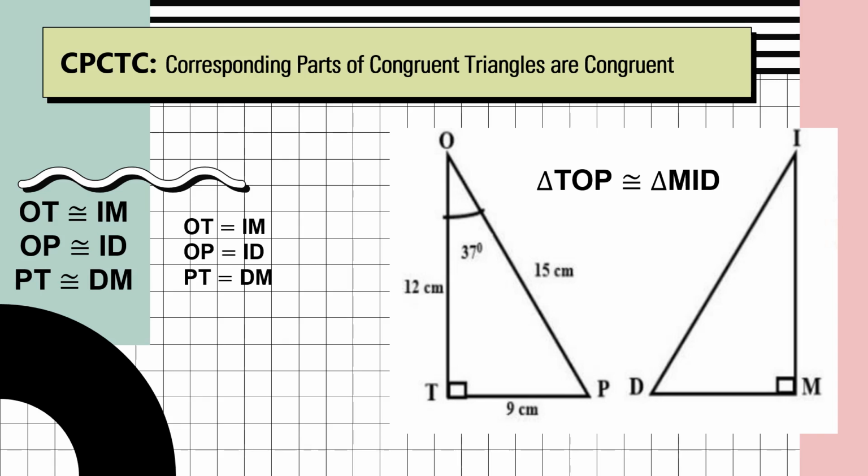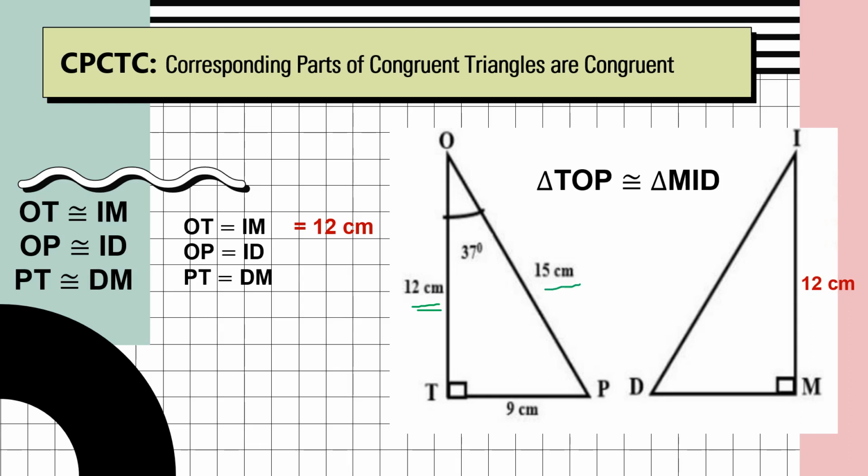Okay, so dahil na-identify na natin yung corresponding sides, alam din natin na they have equal measurements, diba? Alam natin na 12 centimeters si line segment OT. So, ibig sabihin nun, we can conclude that line segment IM is also 12 centimeters. Ayan. Pareho sila ng sukat. And then we have line segment OP.